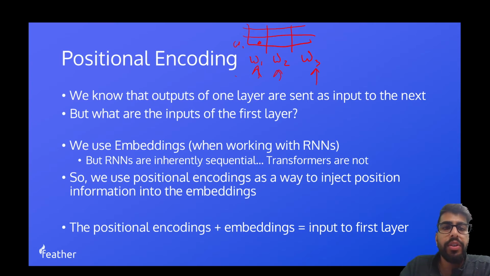So what we're going to do is we will have the embeddings for the words, we're going to have embed of some arbitrary word, and then we're going to have a positional encoding for the arbitrary location, and then we're going to add the two together, and this is going to give us our encoding that we're going to send to the first layer of our encoder.